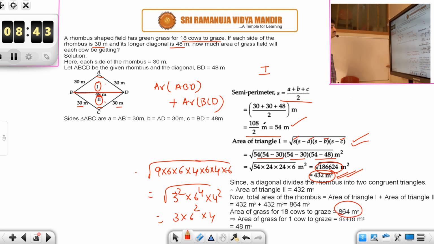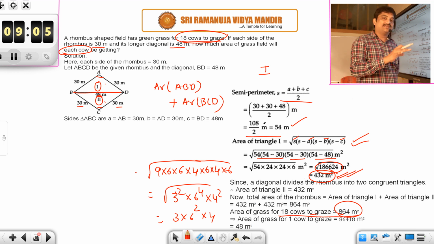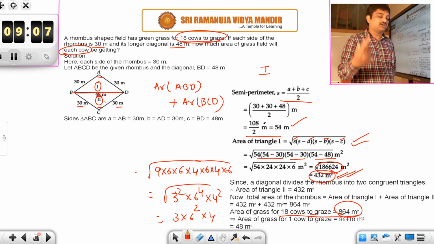Okay, so this is the entire area of the rhombus. So this area is available for how many cows? See, there is green grass for 18 cows. But in the question you have been asked how much area of grass field will each cow be getting. You have not been asked about the total number of cows; you have been asked about each cow.